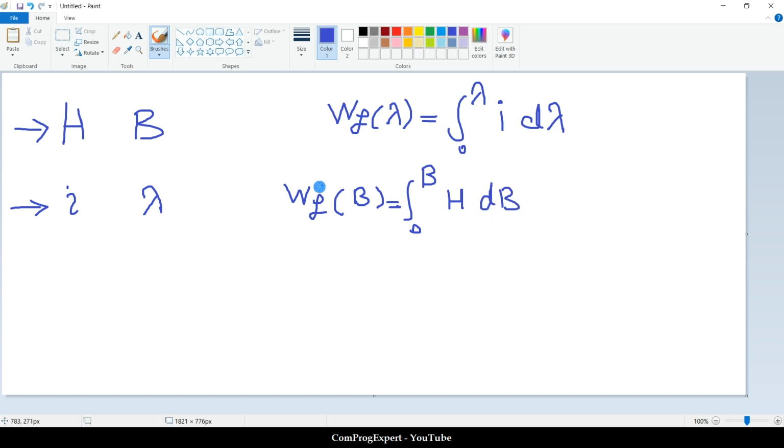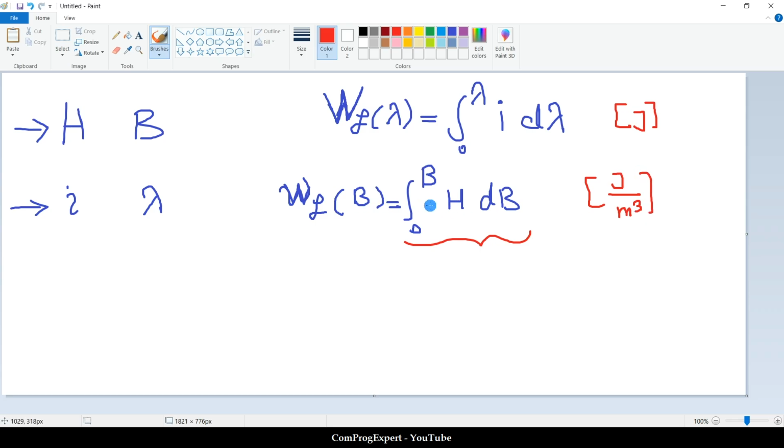So here we should write this with capital W and this with a lowercase w. Why? Because the unit here is joule and the unit of this integral is joule per cubic meter.